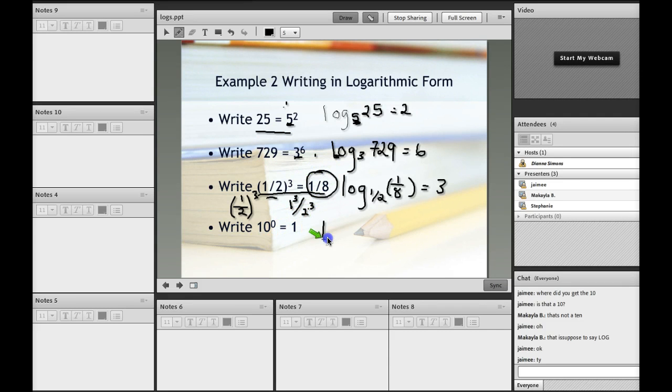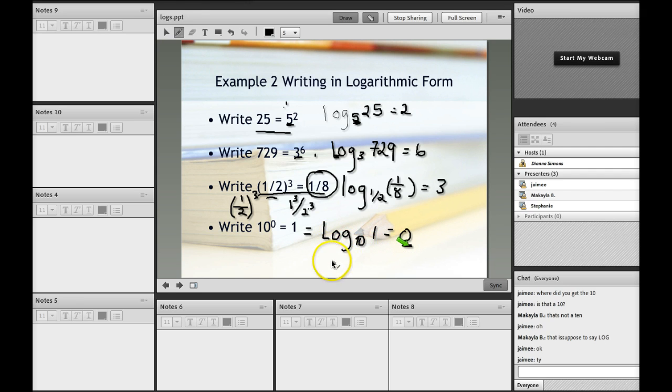Okay, last one. Log base 10, and then 1 equals 0. So what this part is telling us is that any number raised to the 0 power is going to be 1, right?